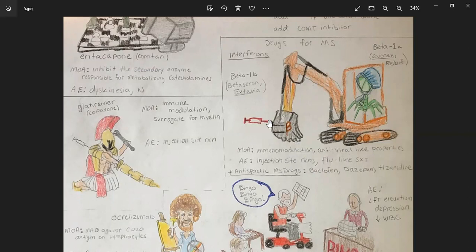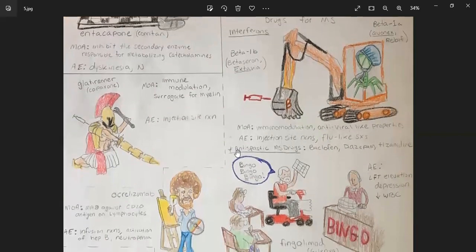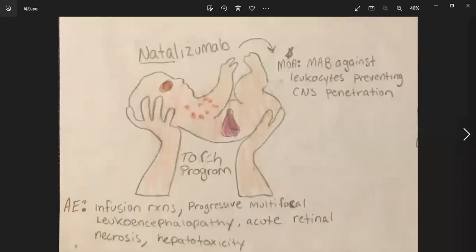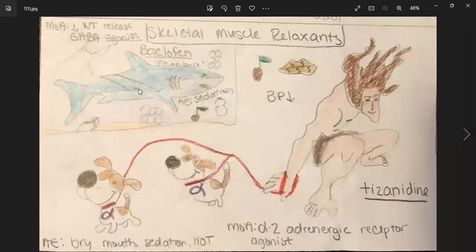And then just kind of a side note, I don't have a picture, but the antispastic drugs for MS are your baclofen, diazepam, and your tizanidine. So actually, I can go over those right now because I believe they're one of the next pictures. Okay, here we go.